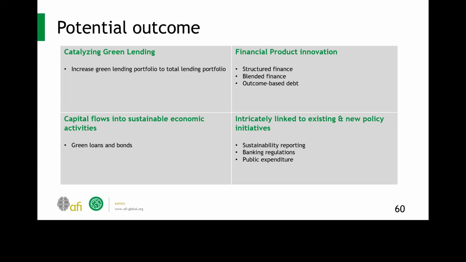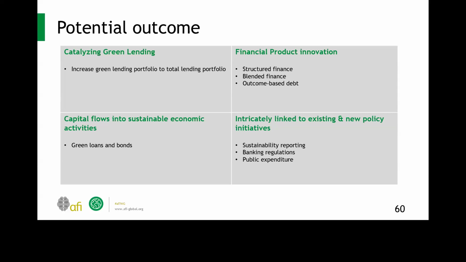So usually this would first allow for proper portfolio classification, and many countries, after establishing a green taxonomy, the UAE for example, have seen a proper increase in green lending.